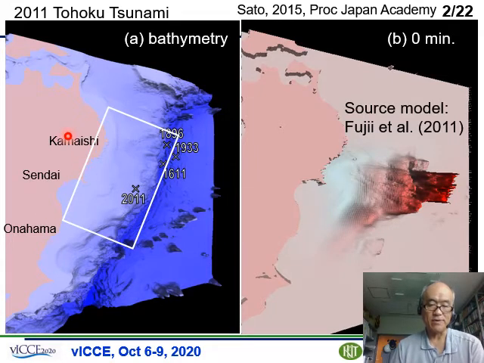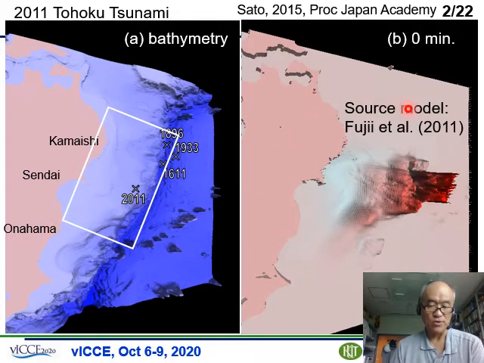Firstly, a very quick review of the tsunami based on the article published in the Japan Academy. The Tohoku tsunami was generated in a very large source area extending from the Japan Trench to the coast.